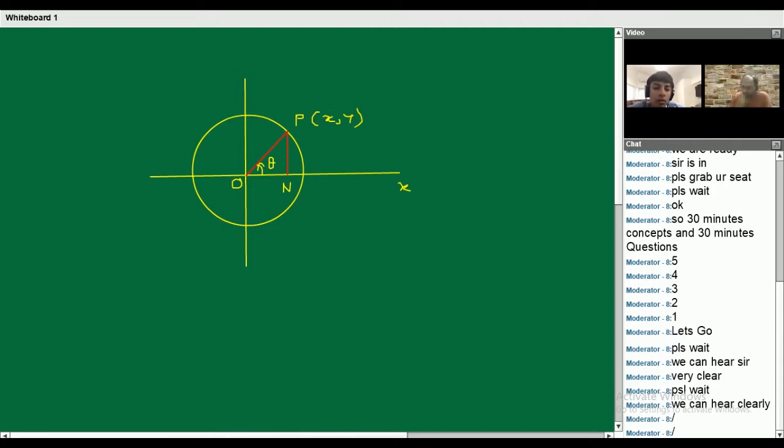Now, if you remember, in trigonometric ratios, if we consider this angle, let me draw a separate diagram, a right triangle. This angle is theta. What is the name of this side?